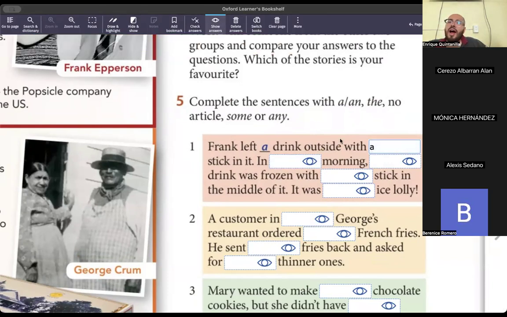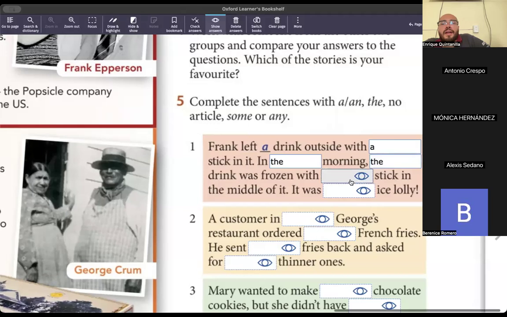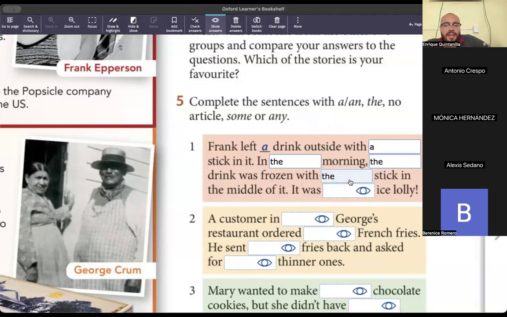In the morning, the drink was frozen with a stick. The specific stick, remember, the stick in the middle.